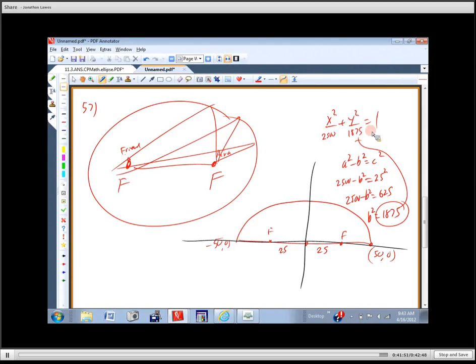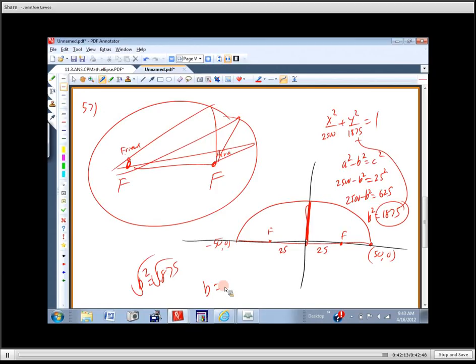Okay, the answer to the problem is, how long is the semi-minor axis? Given this information, how long is the semi-minor axis? Not half of it. Square root of that. If b squared is 1875, take the square root. This whole problem was basically just saying, hey, what's b here?